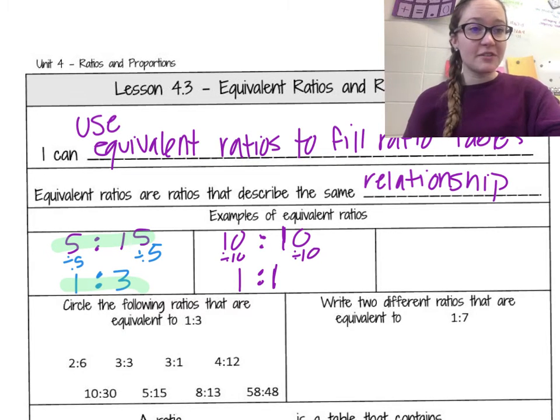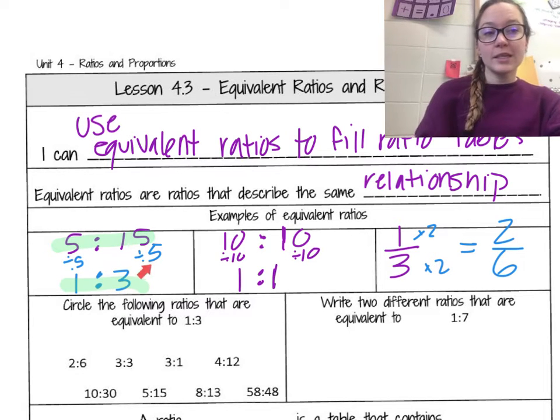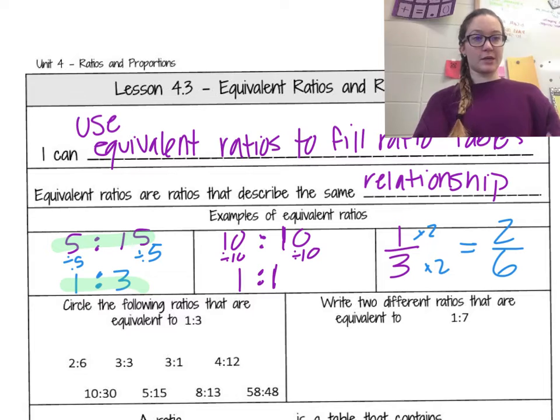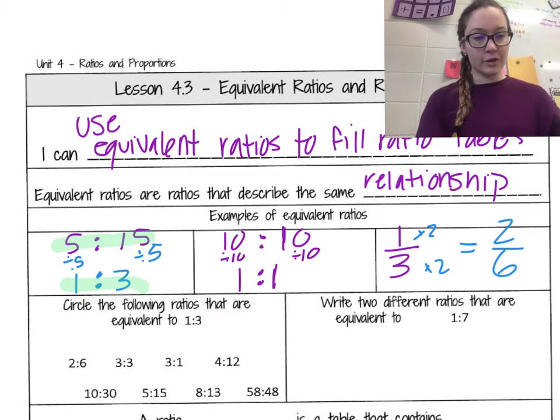As a fraction, if I have 1/3, I can multiply those both by 2 and get 2/6. So if I divide it by the same thing, or if I multiply it by the same thing, and you get the other one, those are equivalent.